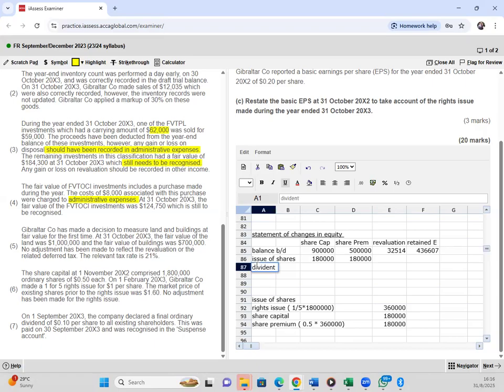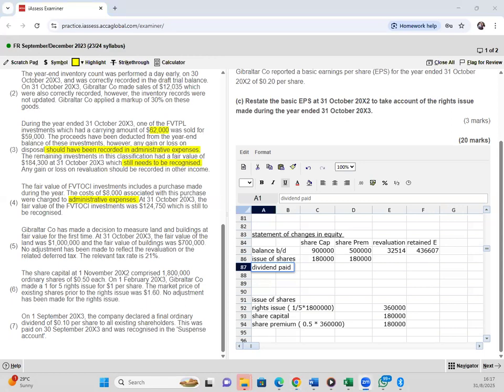They declared and paid them in September, before the year end. If the payment was after the year end, we wouldn't include it. So the dividend paid, we remove from the retained earnings, not from the income statement.